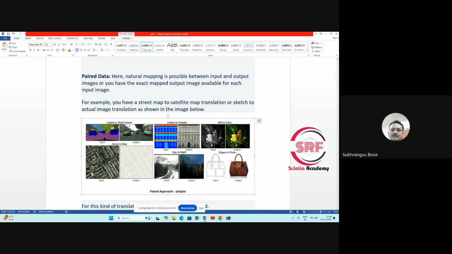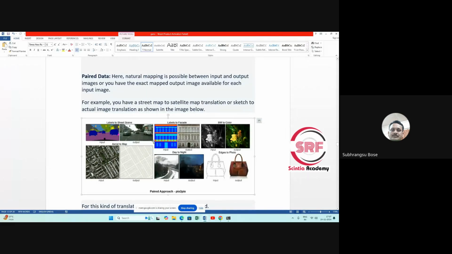Paired data means natural mapping is possible, when you have the exact mapped output image available for each input image. This input is labels of a street scene, and then the real output.